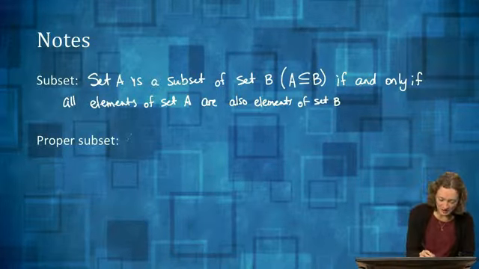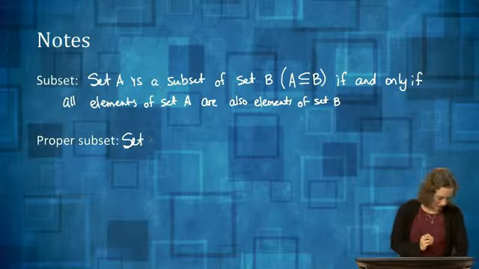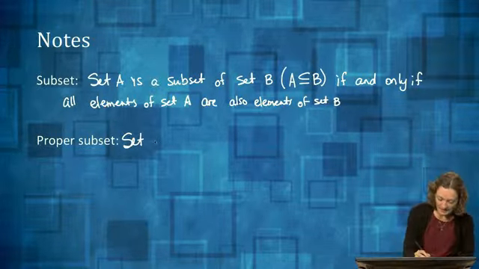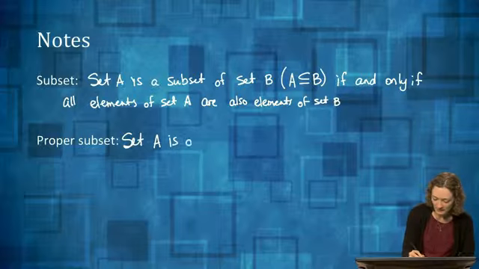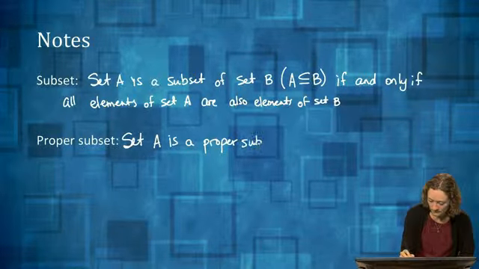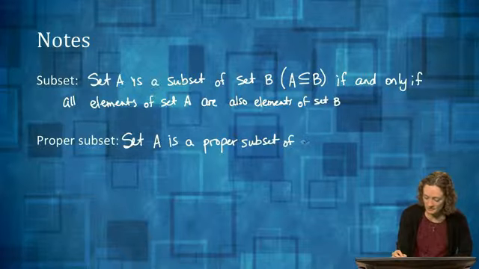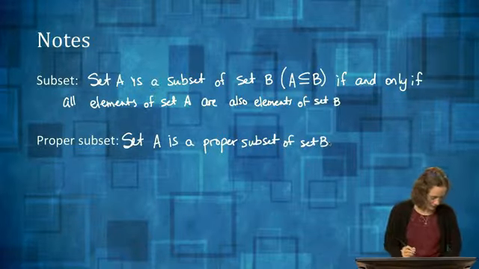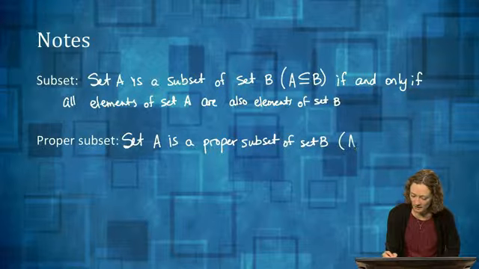All right, then we have a more specific version, which is a proper subset. This definition sounds very similar. Proper subset definition: set A is a proper subset of set B, and this is what it would look like symbolically.